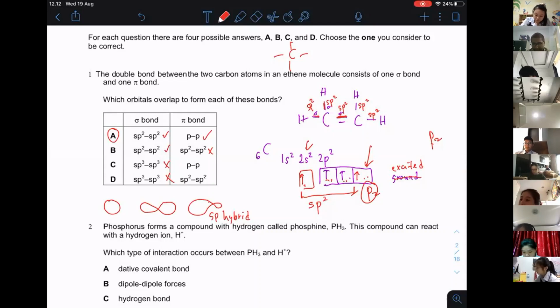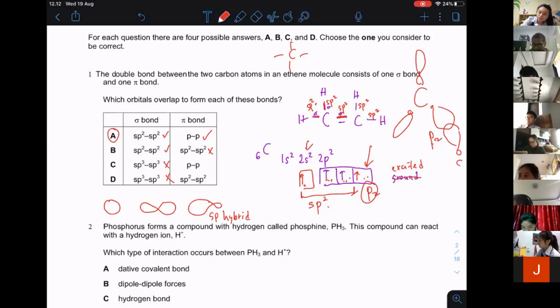How many sp2 hybrid orbitals are there in this case? You have 1, 2, 3 surrounding the carbon. If I want to draw, it looks something like this. The one that overlaps with another carbon will be another sp2, so this is the overlap between sp2 and sp2.